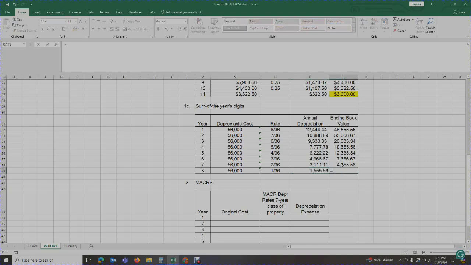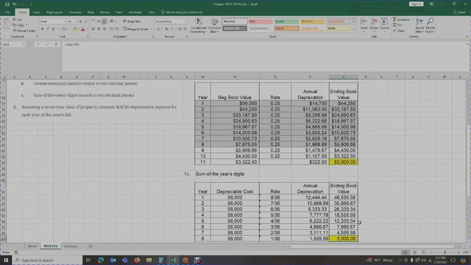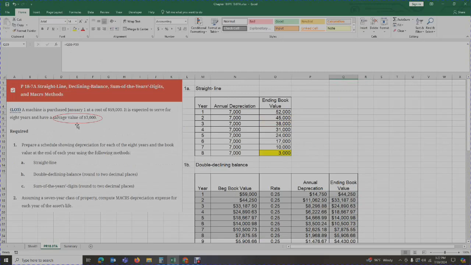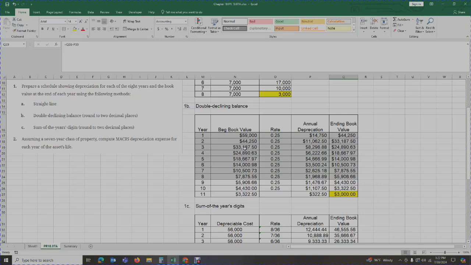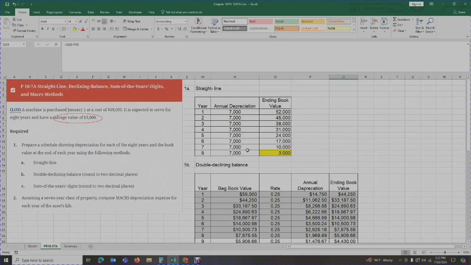We subtract the ending book value from my annual depreciation, and voila, I go back to my $3,000, which is my salvage value. Remember, the whole point is at the end, that piece of equipment or machinery, whatever it is, a machine, has to have an ending residual value of $3,000.